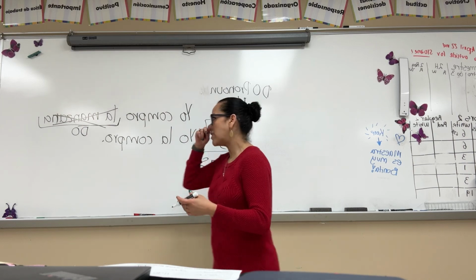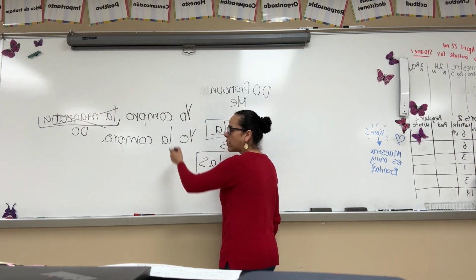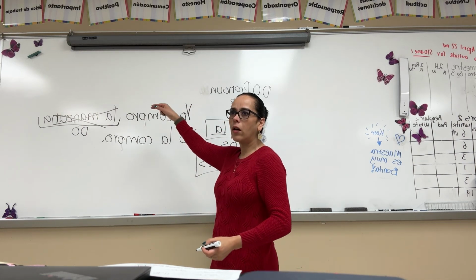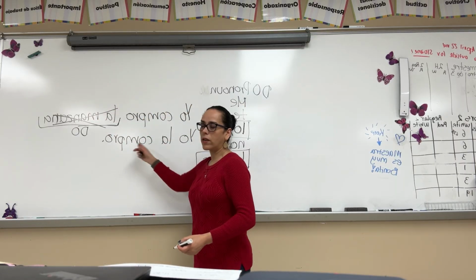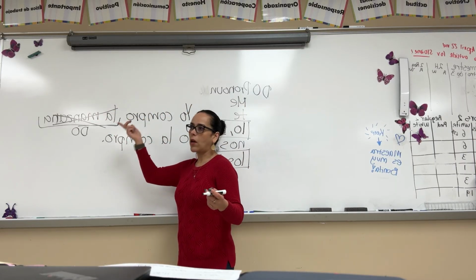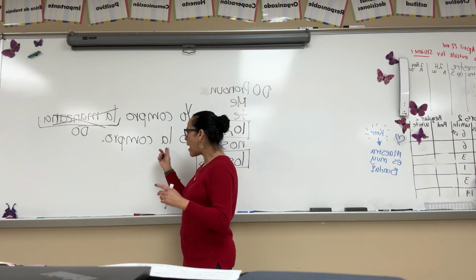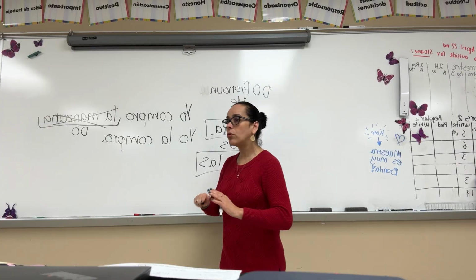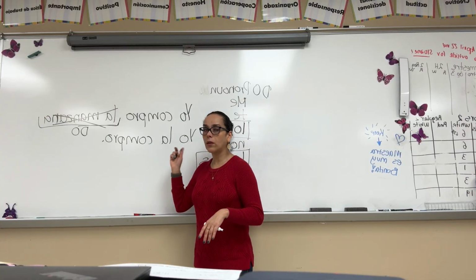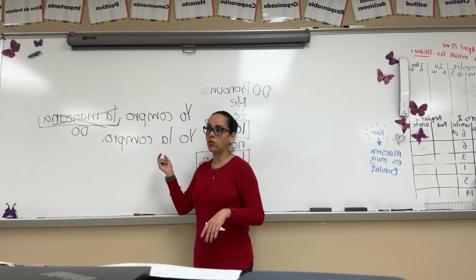So if you have a sentence like, I like the apple is red, and then you want to say yo la compro en Walmart, you don't have to repeat manzana, manzana, manzana. That's the reason why we use direct object pronouns: to avoid repetition.